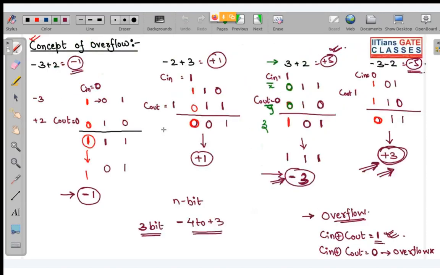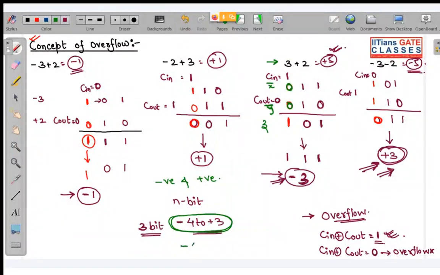You take any number in between -4 and +3. You try to add and make it out of range. I mean one number should be negative and another number should be positive. You take any combination and try to take this number out of your range.